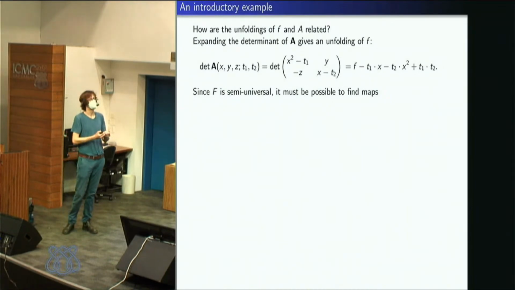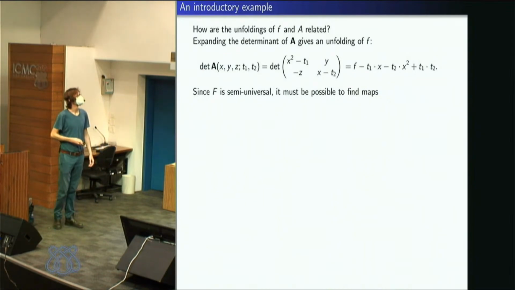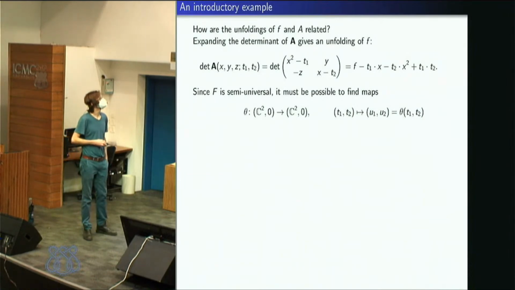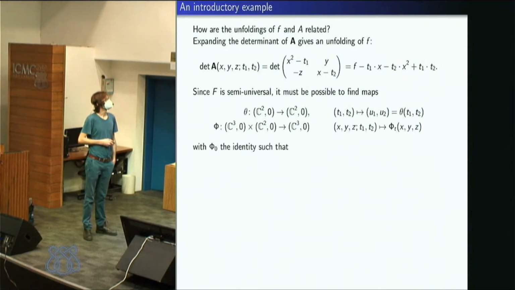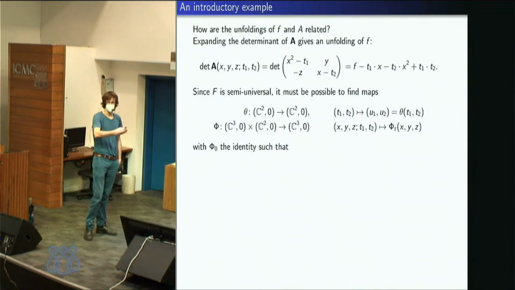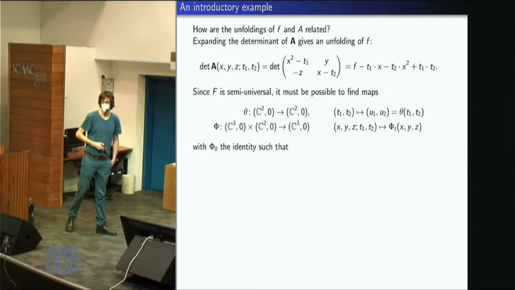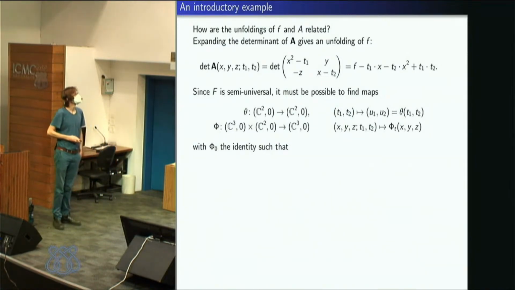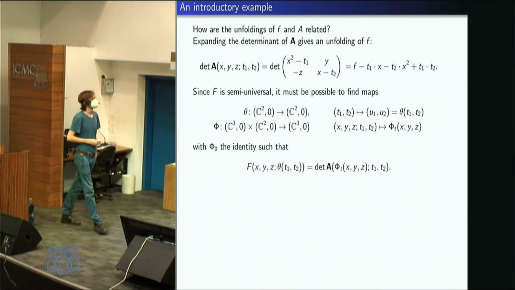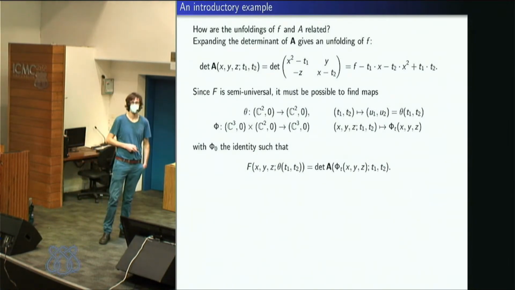The unfolding of the matrix has to map to the unfolding of the hypersurface so that everything pulls back from there. So we have to find this map from the T parameters to the U parameters, and probably some diffeomorphisms of C3, such that this relation holds, right?